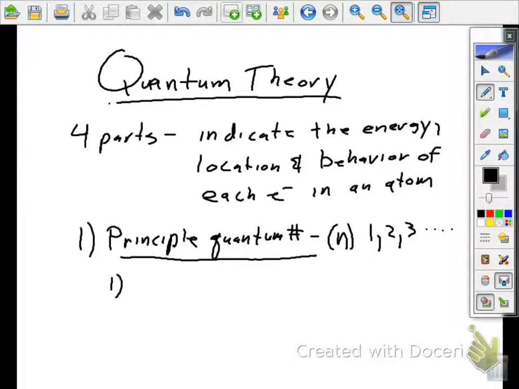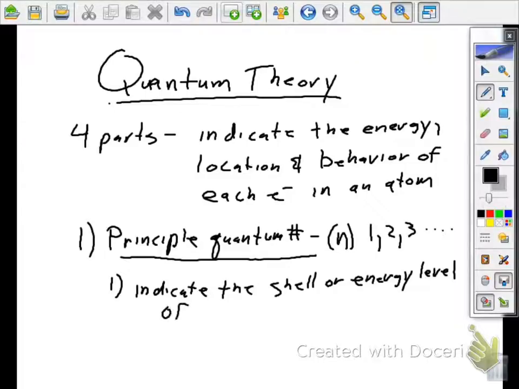They indicate the shell where the electron is located. And they also help us determine how many electrons are in that shell.